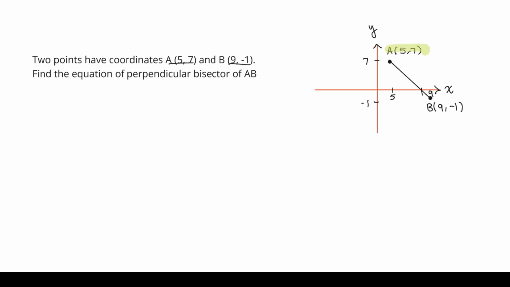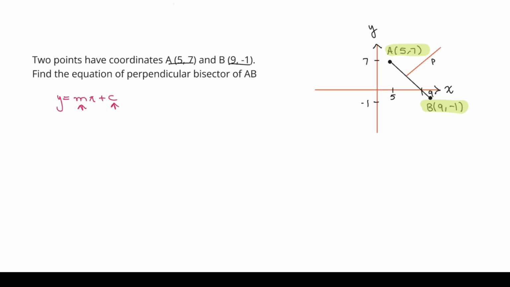And you need to find out the equation of this perpendicular bisector. Let's call this perpendicular bisector P. Since this perpendicular bisector is a straight line, it will have an equation in the form y equals mx plus c, where m is the gradient and c is the y-intercept.